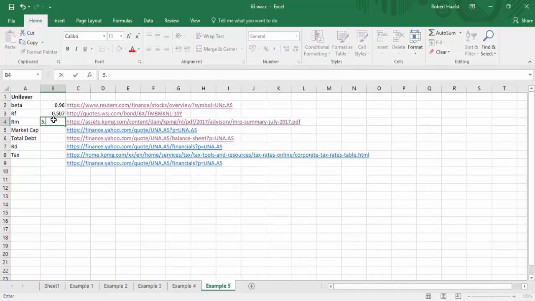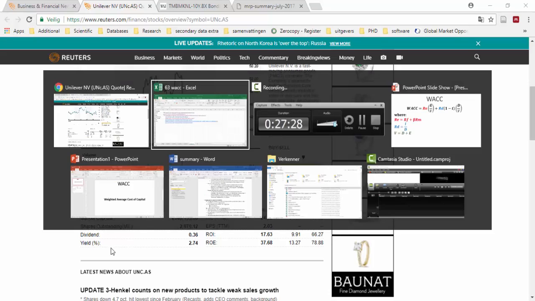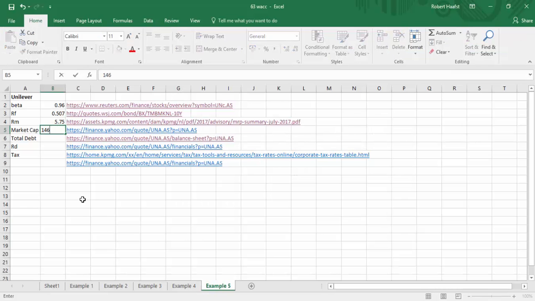So let's put it here. Our market cap, I have here a link of Yahoo Finance. The market cap in millions is 146 and something, which is basically 146 billion. Let's put it here, 146 billion.